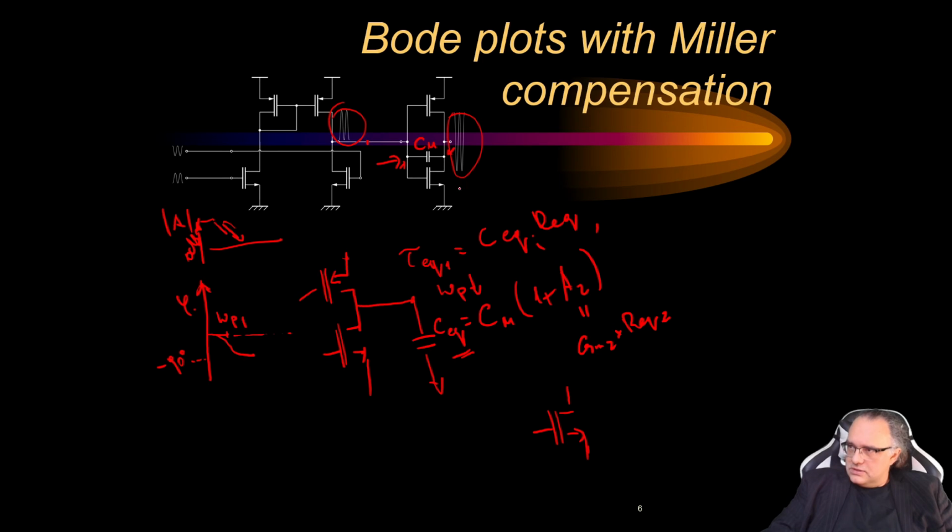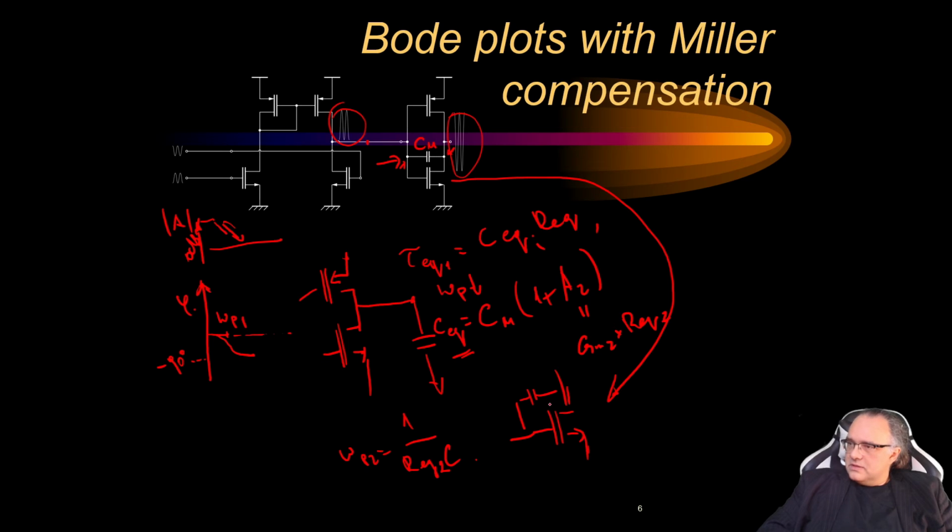So just this transistor, but the arguments are also valid for the other transistor. So we have this configuration, and the second pole, omega p2, is 1 over the equivalent resistance of the second stage and the equivalent capacitance of the second stage.